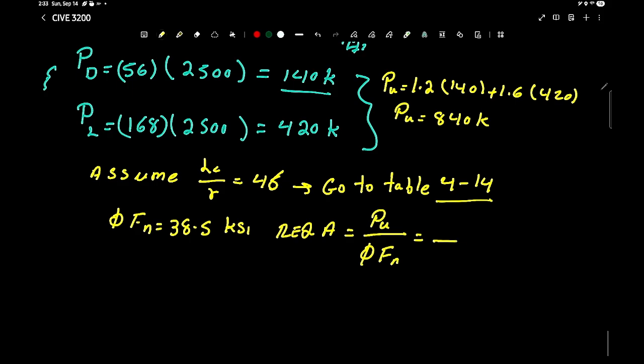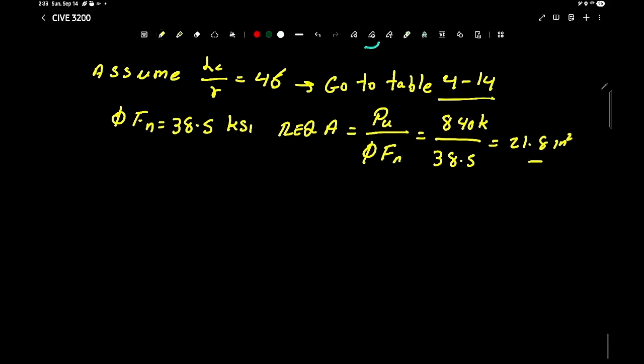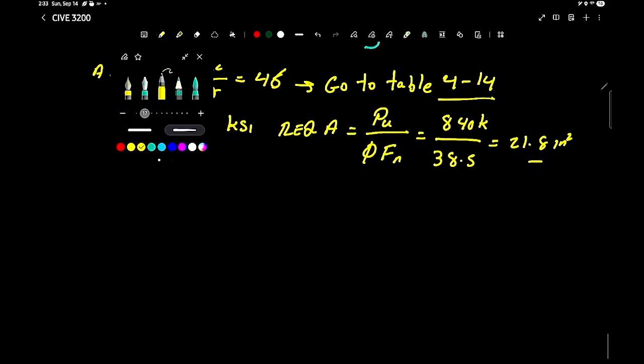So I'm going to have here 840 kips divided by 38.5, and that will give me 21.8 inches squared.